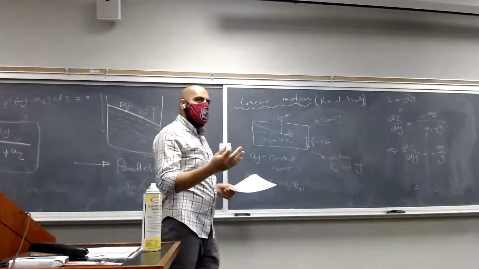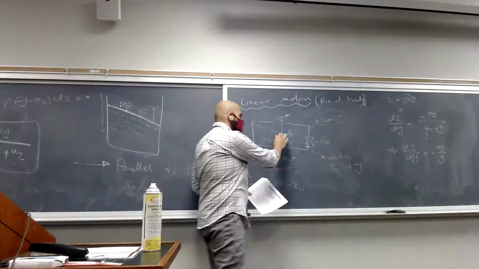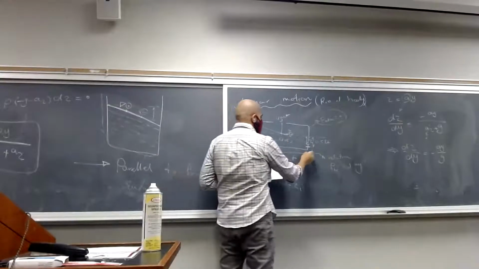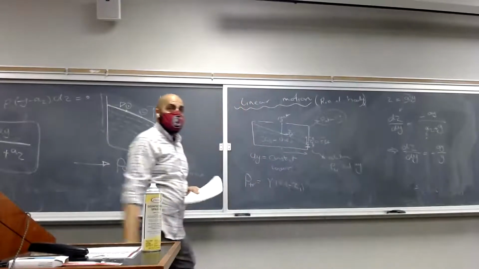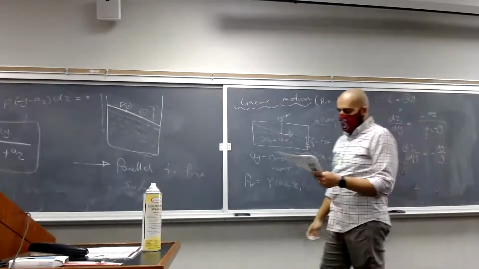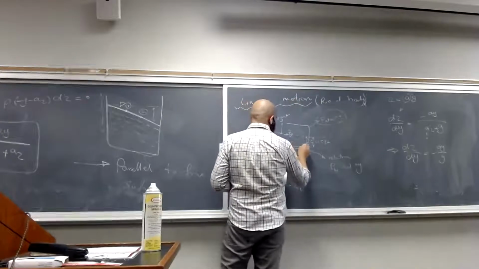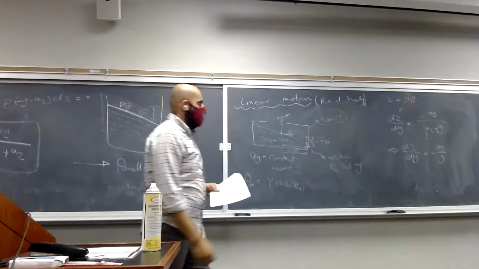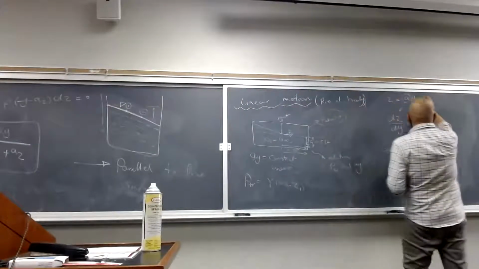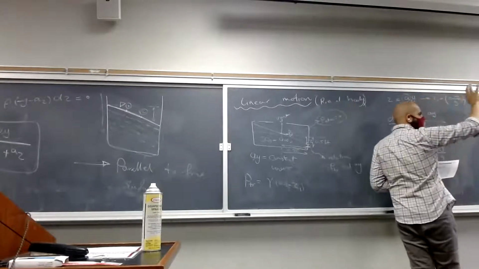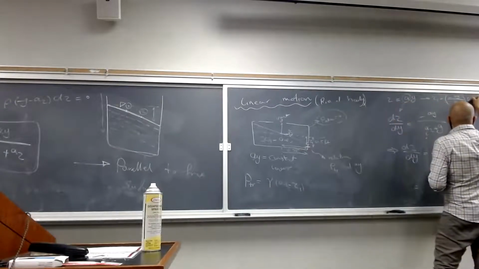So at any location, since we have the slope of this line, if we have the Y, this distance, we should be able to find Z. That's from your mathematics. But do we have the Y? Yes, it is given to us. It is 0.75. So your Z1 is going to be equal to negative ay divided by g, which is the slope of the free surface, multiplied by 0.75.